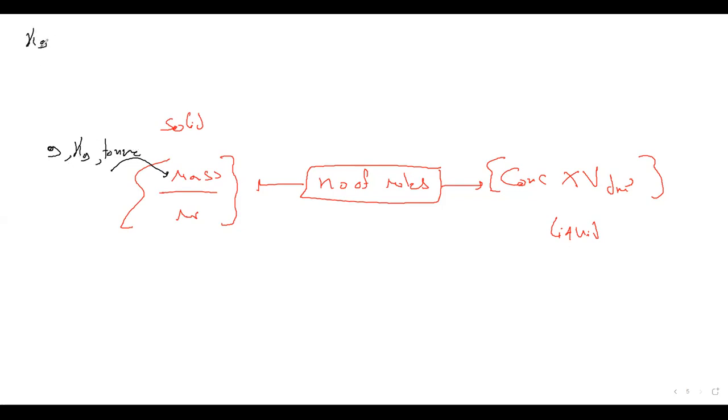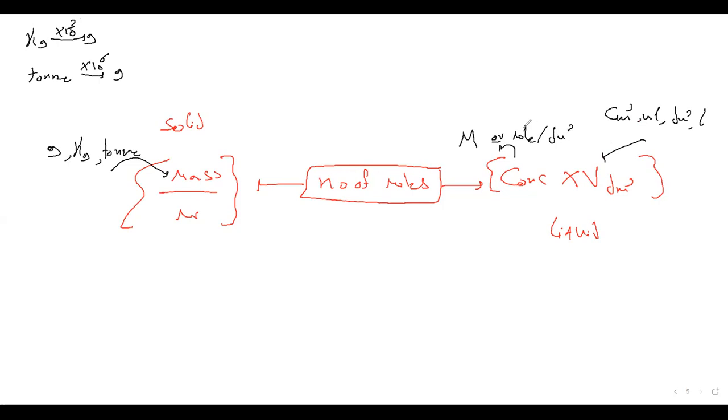If we have kilogram, multiply by 10 power 3 to be gram. If we have a ton, multiply by 10 power 6 to be gram. For volume: centimeter cubed or milliliter or decimeter cubed or liter. Concentration: molar or mole per decimeter cubed. But in case of centimeter cubed equal milliliter, divide by 1000 to be decimeter cubed or liter.